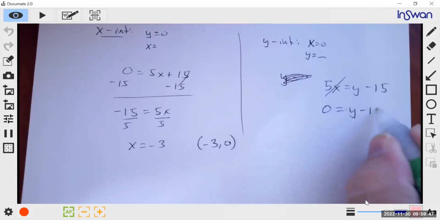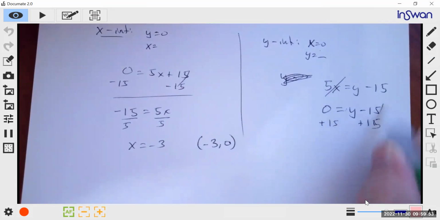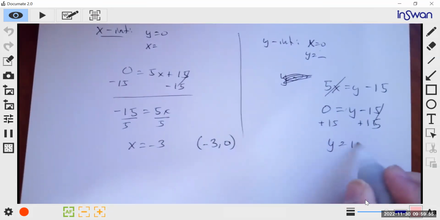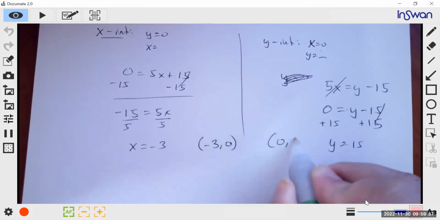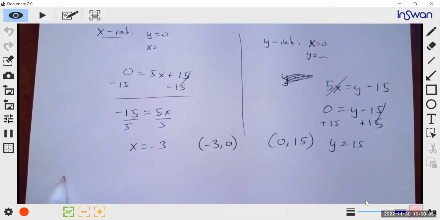Move the 15 over. So we add 15 to both sides. And the y-intercept is 0, 15. That's the only thing we know for sure. And we forgot the slope.